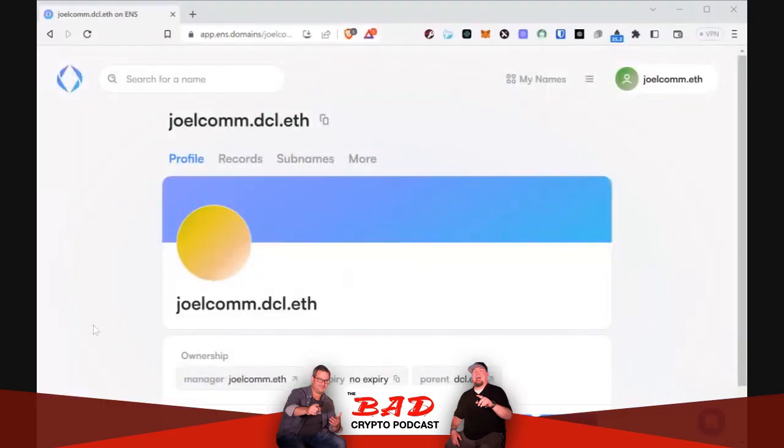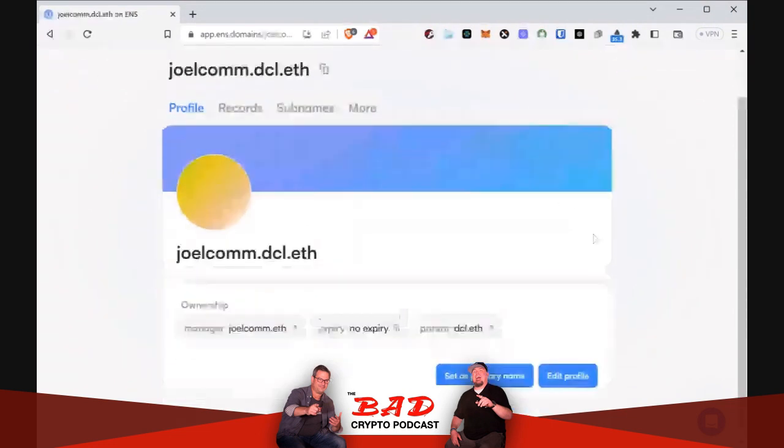Yeah. So when I log into my account, I also see a joelcomm.dcl.eth. What is that? Decentraland. So one of the cool things about ENS and the protocol is that you can take other domains and import them into ENS.